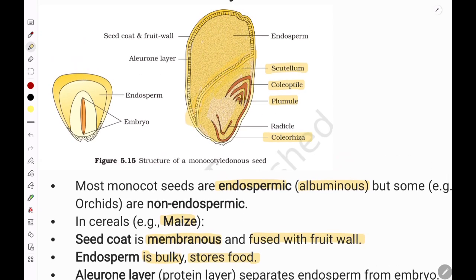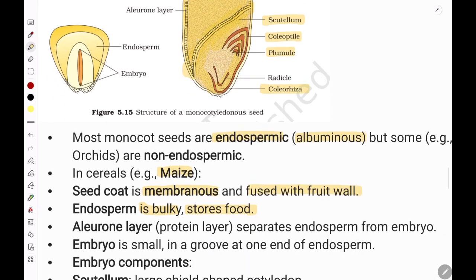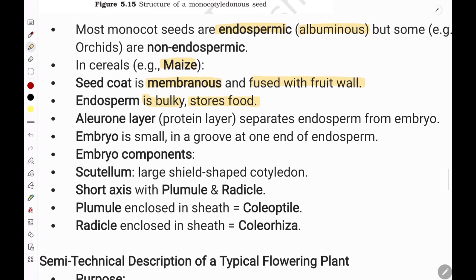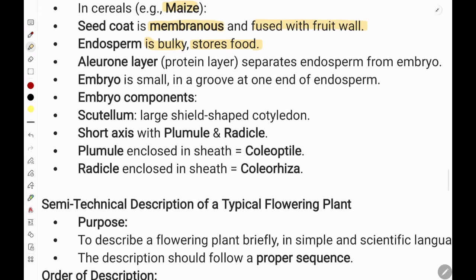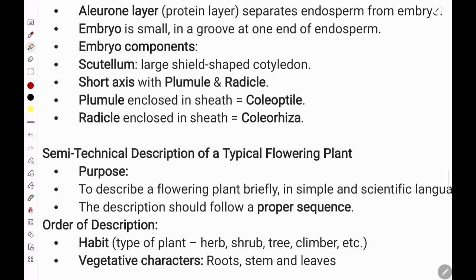This layer here is the aleurone layer. The embryo is small, in a groove at one end of the endosperm. The embryo's components are a scutellum, which is a large shield-shaped single cotyledon, a short axis, plumule and radicle. The plumule and radicle are covered in sheaths called coleoptile and coleorhiza.